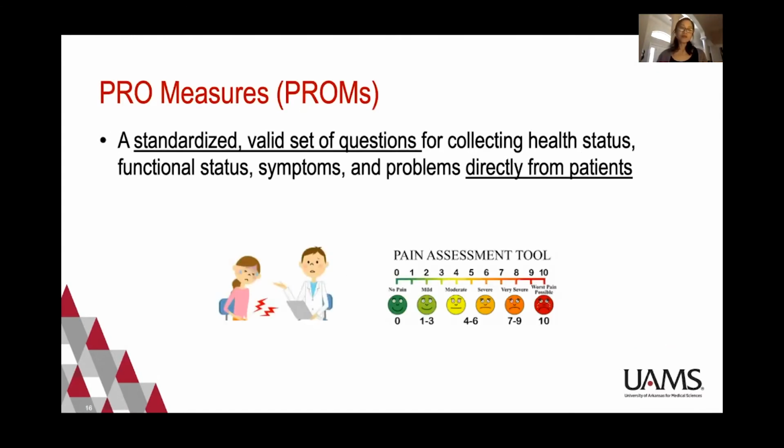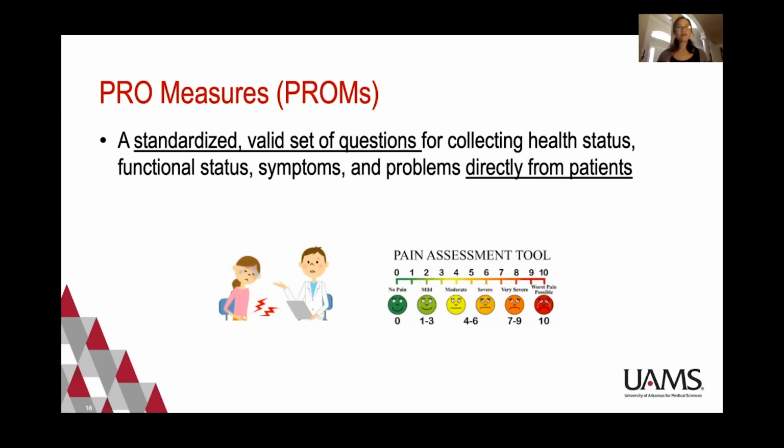Patient-reported outcome measures, or PROMs. The important thing that makes them different from polls or just a survey or a question is that PROMs are a standardized, valid set of questions for collecting health status, to capture something abstract that cannot be captured directly.